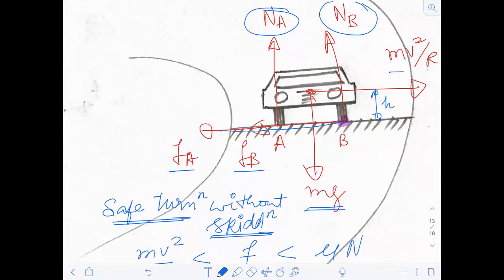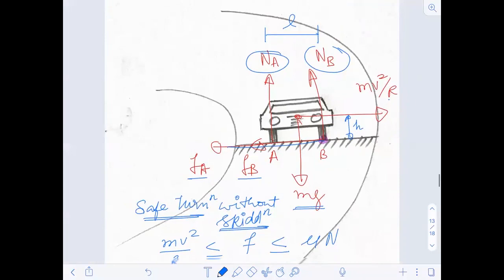So for mg torque, what I will write, suppose this is L, this length, the base is L. So what will be the mg torque? Mg L by 2, and for mv square by r, what we'll have?